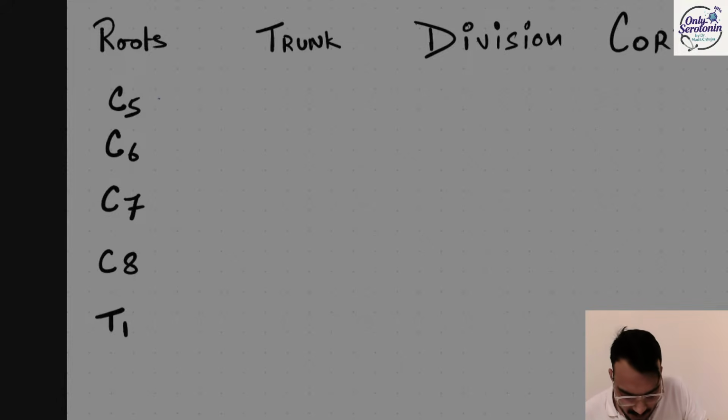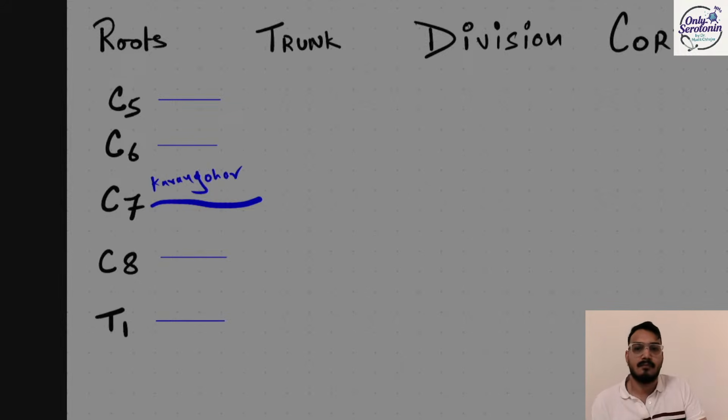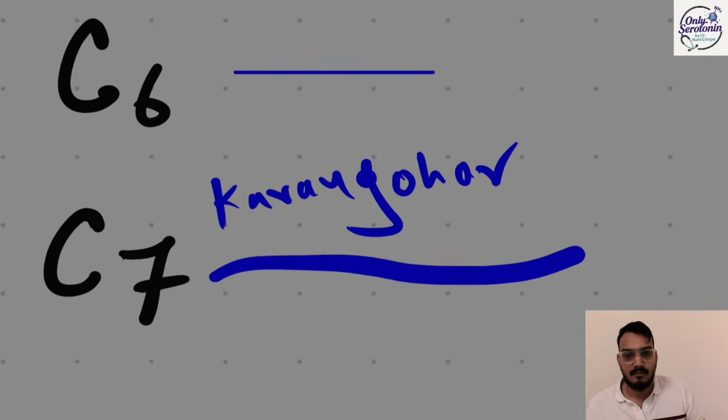C5 and C6 are my upper class society people. C8 and T1 are my lower class society people. And C7 is, okay.